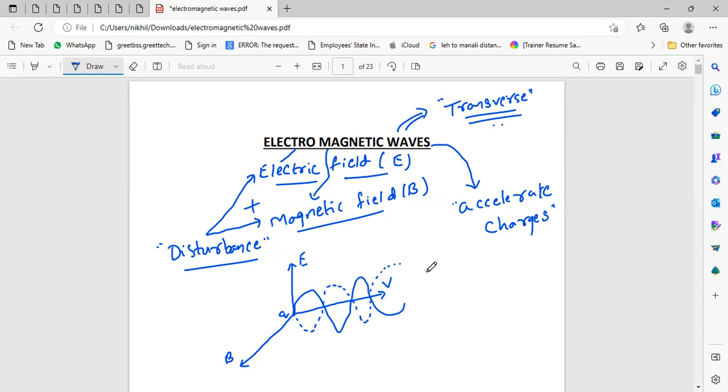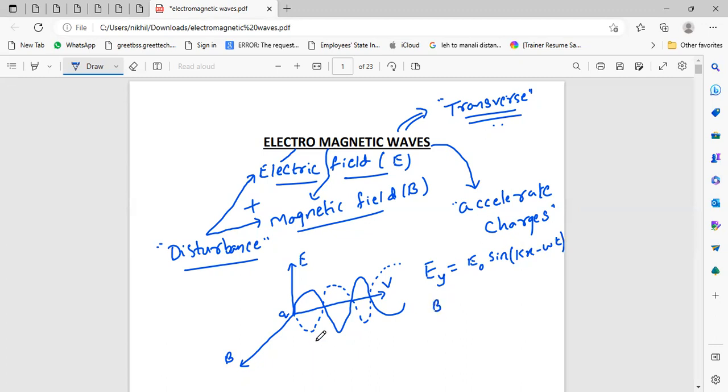Now, the equation we are analyzing: the electric field applied along the y-axis is given by E naught, which is called the peak electric field, the maximum electric field, into sin(kx minus omega t).